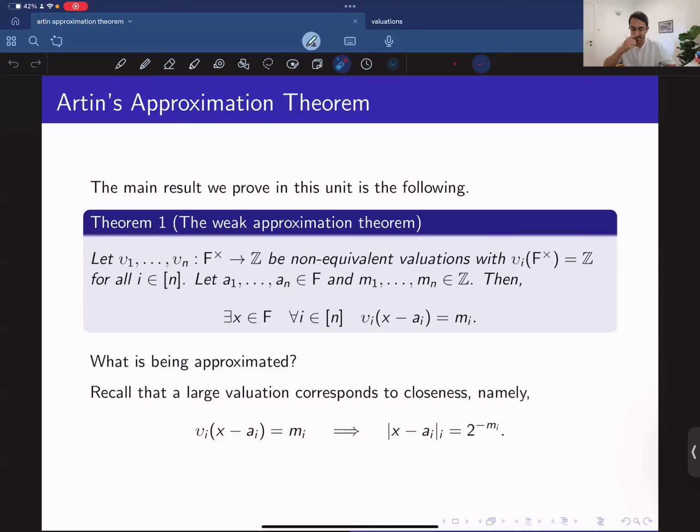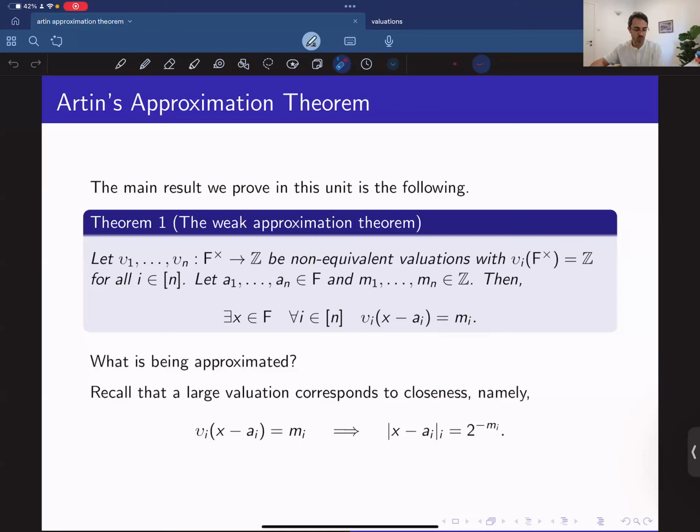Then what I'm saying is that for every choice of n-tuple of non-equivalent valuations, n-tuple of functions, and n-tuple of prescribed numbers, where prescribed valuations could be negative, you can always find an element x in your field, which you should think of as the field of functions, such that with respect to every one of the valuations that you have, this x is close to the ith element, and how close? Well, precisely the prescribed value.